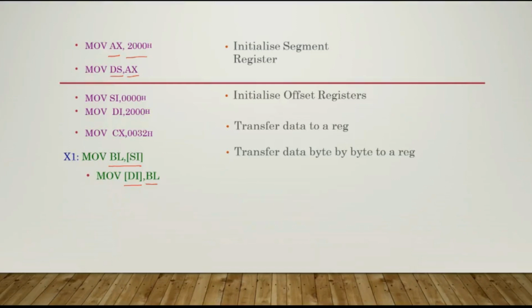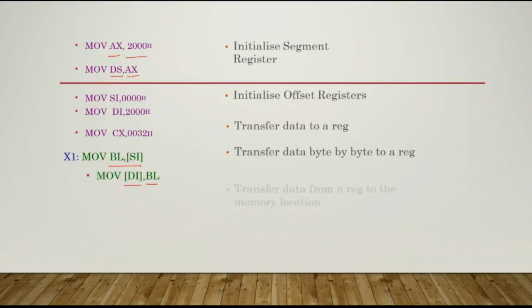So this basically completes the copy of the first byte of data from my source address to my destination address. So one byte of data transfer is complete now. So what next do I want to do? I want to go to the next address, again take the data from that address to the temporary register and transfer it to my destination.